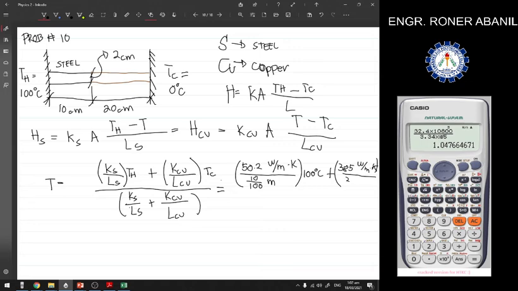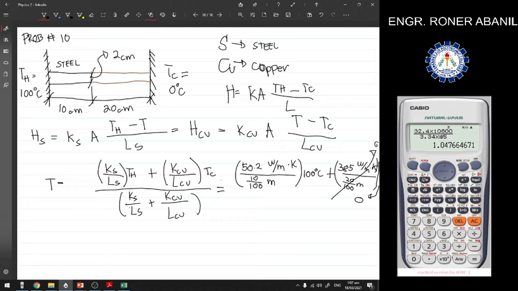Magiging 20 over 100 para maging meters. Okay? So, dito, magmumultiply pa tayo ng TC na 0. Ibig sabihin, mag-0 to.